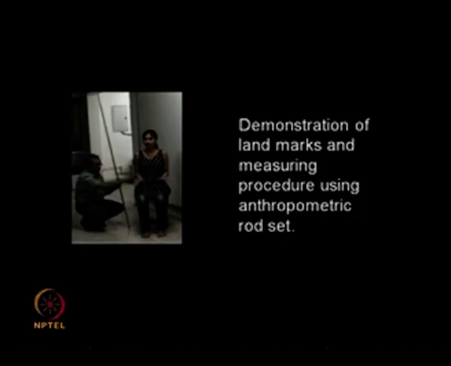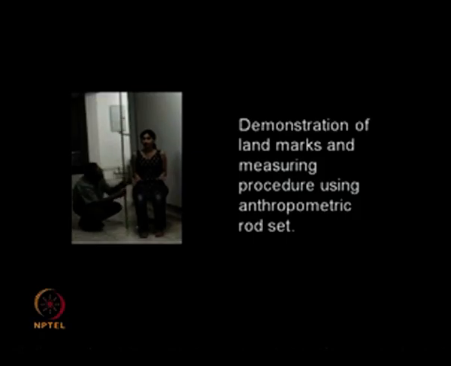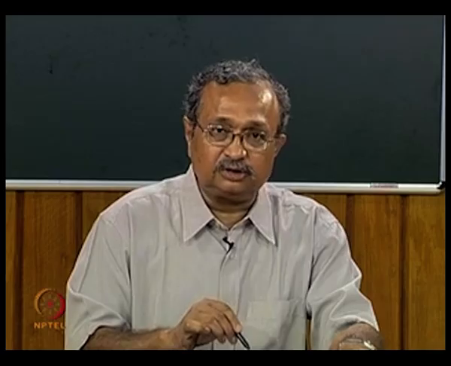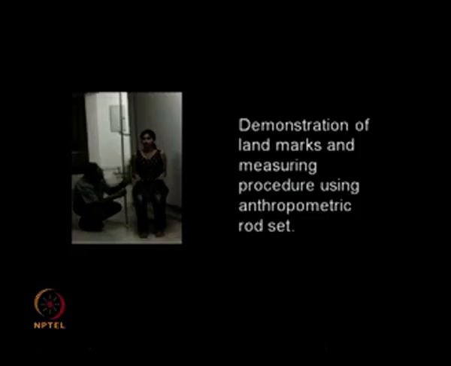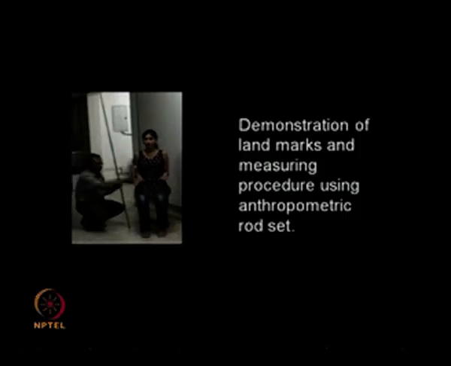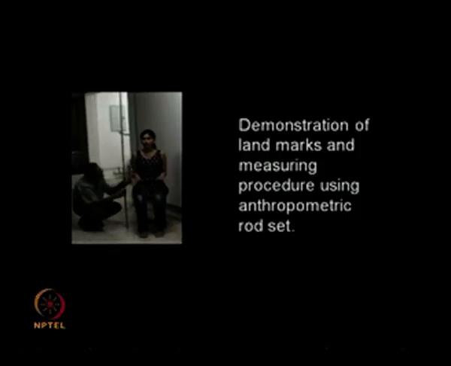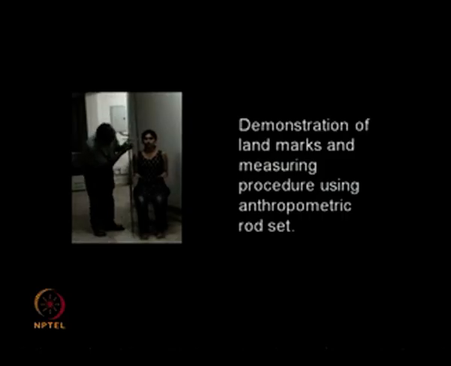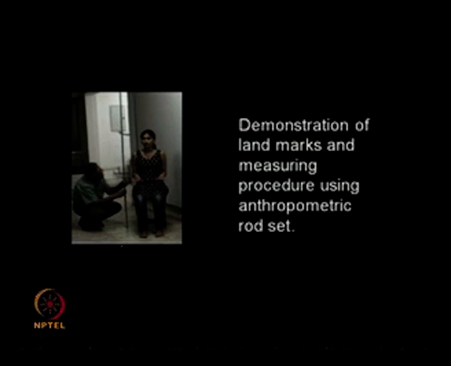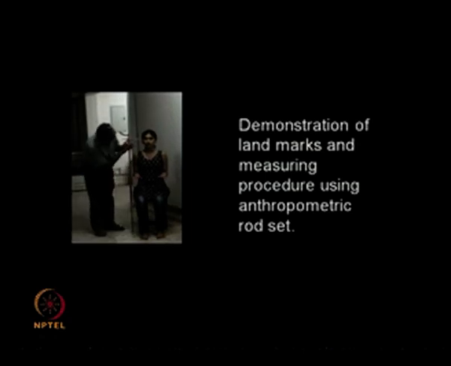In this demonstration video, it is shown that if we do not use the base plate, there would be a chance of bending of the rod, and the measurement may not be correct. So, specifically for measuring heights etc., the base piece should be used to maintain the rod in an upright position.